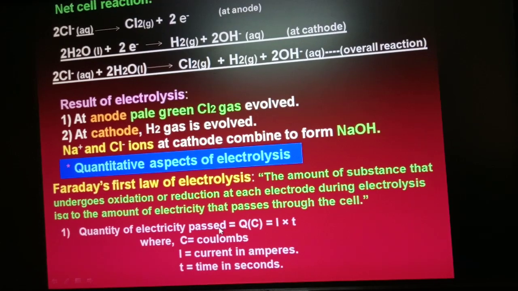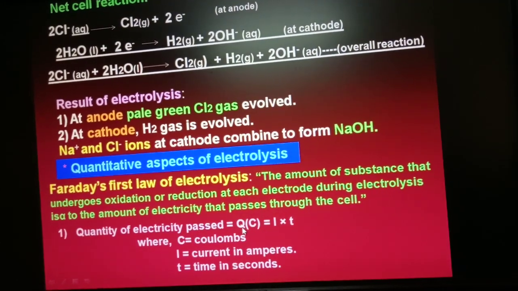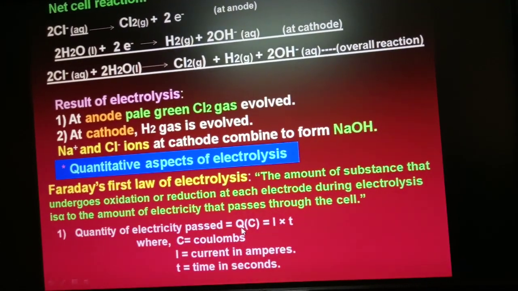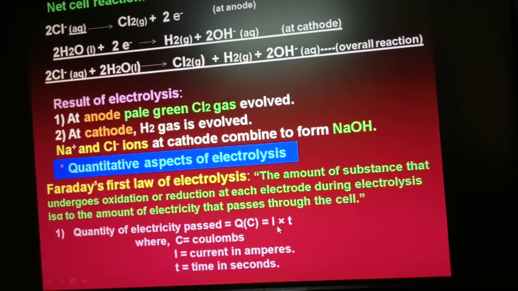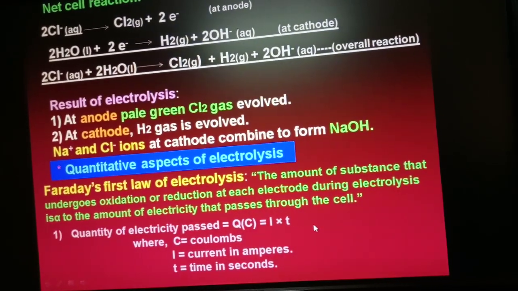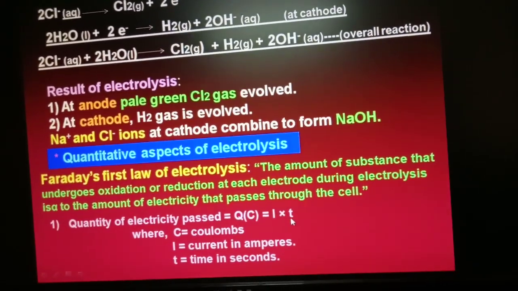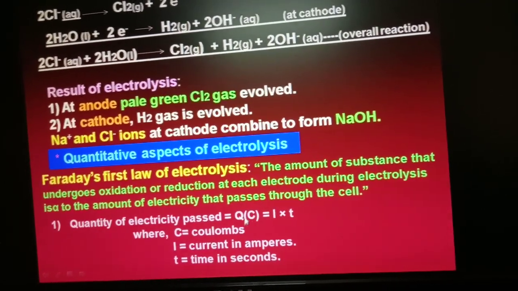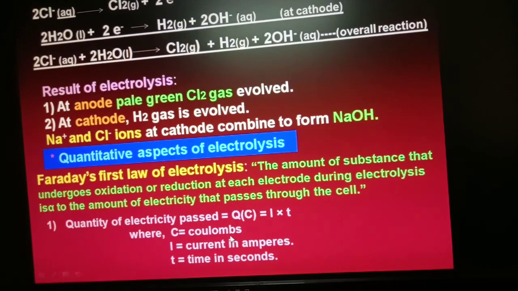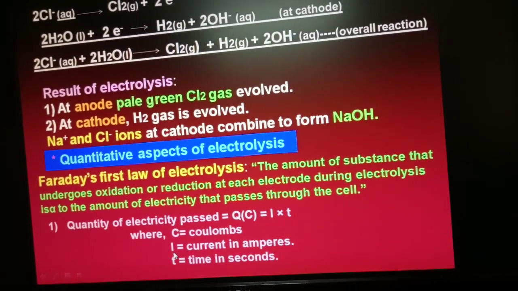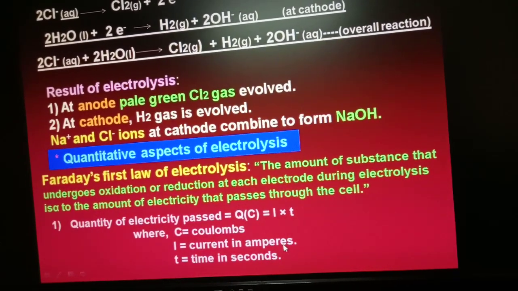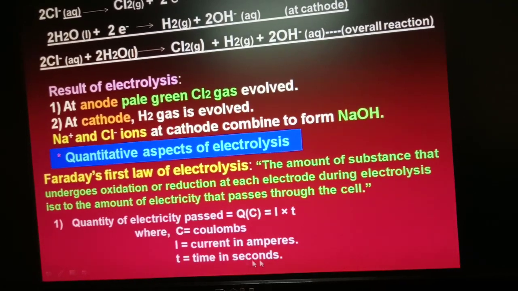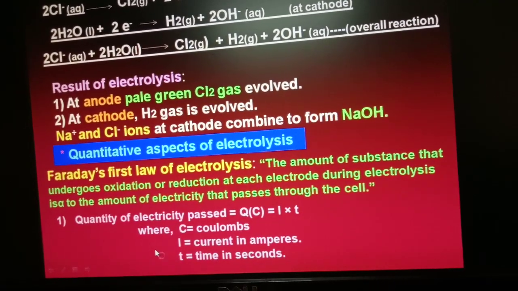Quantity of electricity passed is Q, which is equal to I multiplied by T. That means Q = IT, where Q is recorded in coulombs, I, that is current, in amperes, and T, time, in seconds.